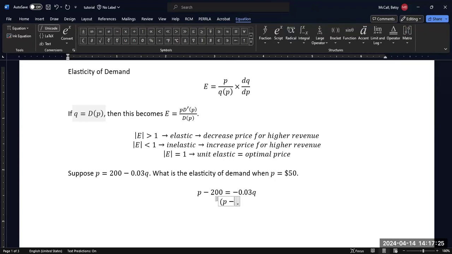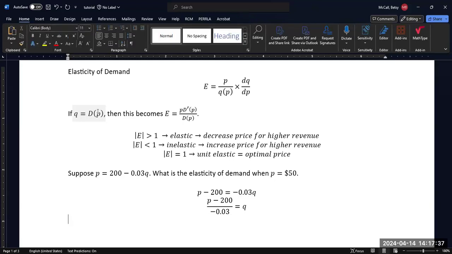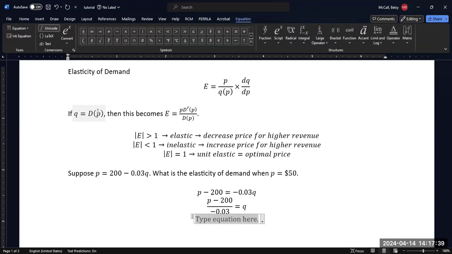So P minus 200 divided by negative 0.03 equals Q. And if we do a little bit of algebra, let's see, 200 divided by 0.03 is going to be 20,000 over 3.